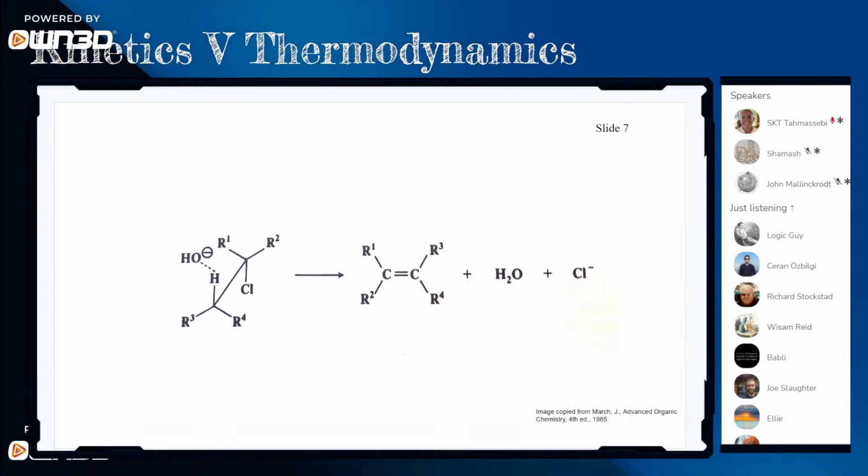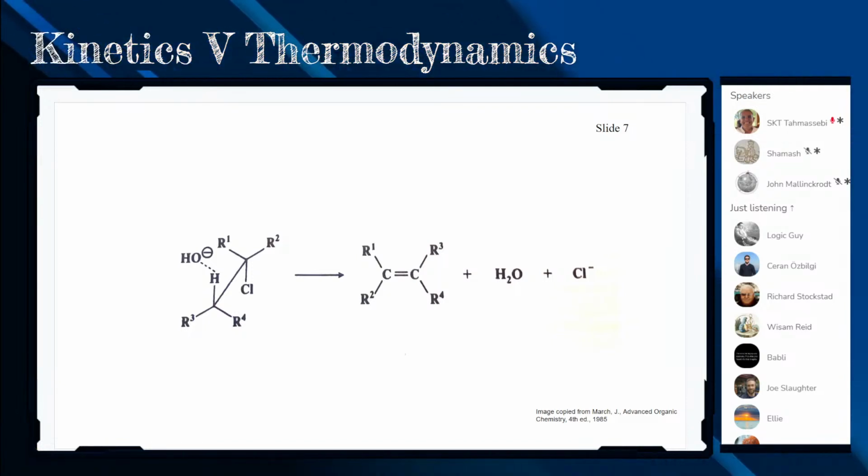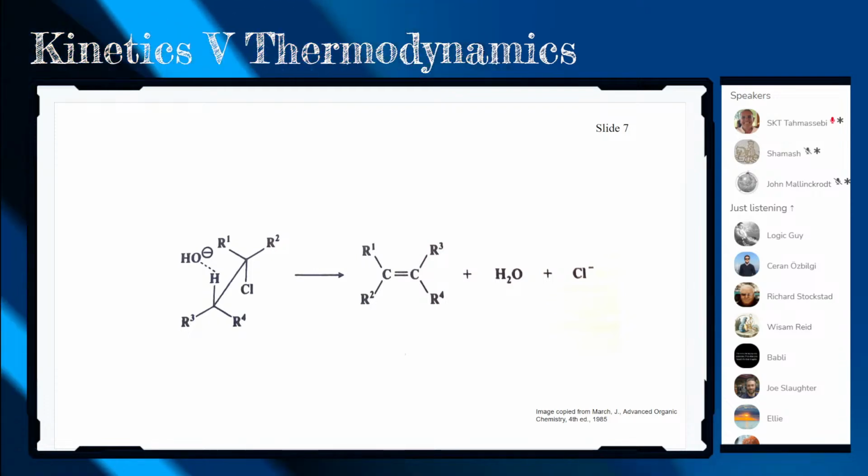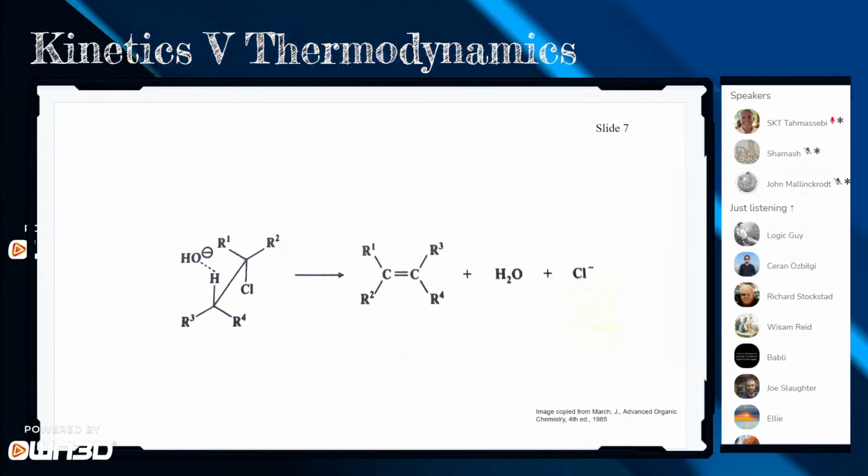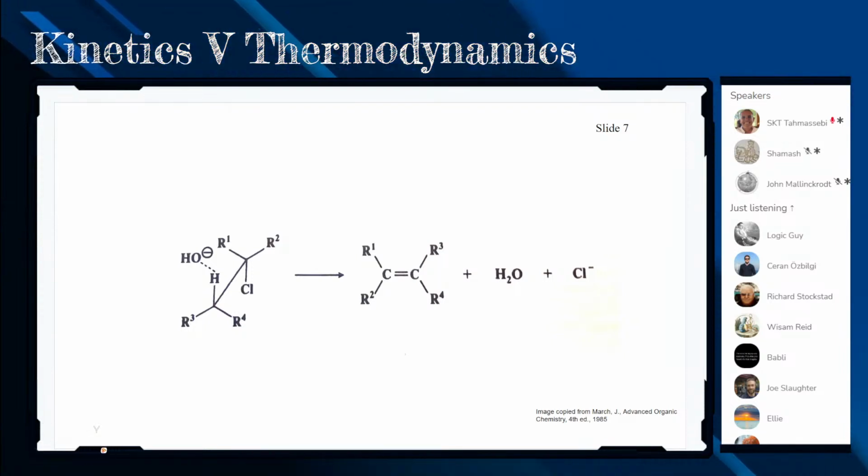Once it falls over there, chloride leaves. So the flow of electrons is that the electron pair on O grabs the proton on the H, then the electron pair flows into the bond between the two carbons. That excess electrons causes chloride with its electrons to leave. So you end up with that double bond.